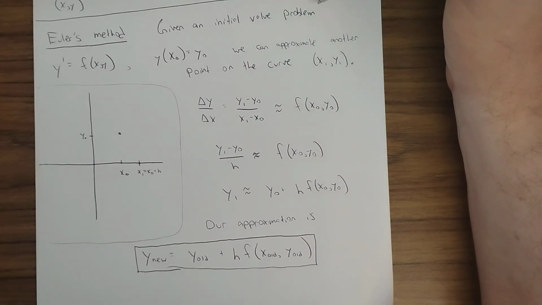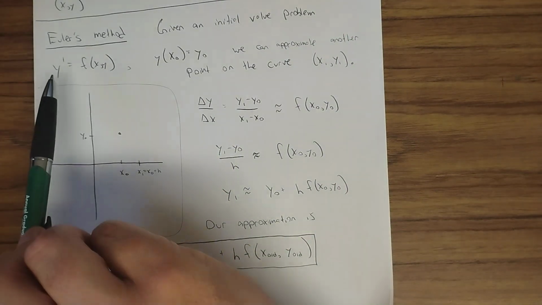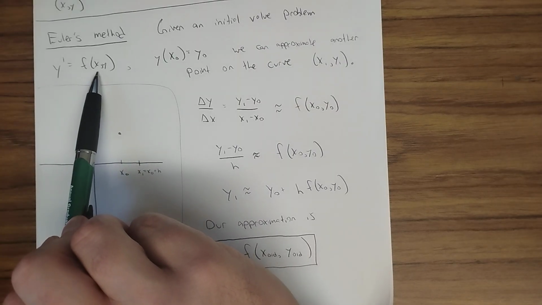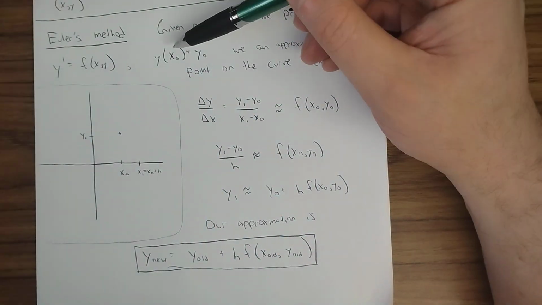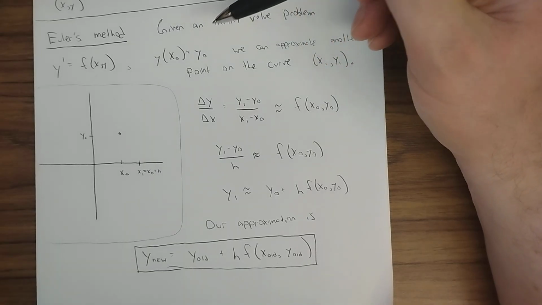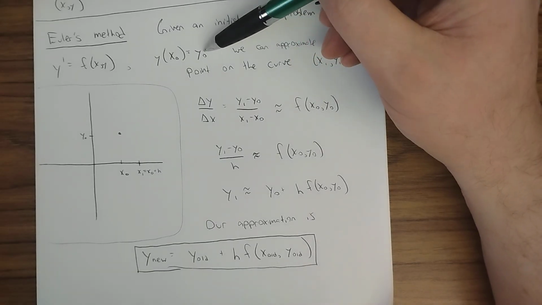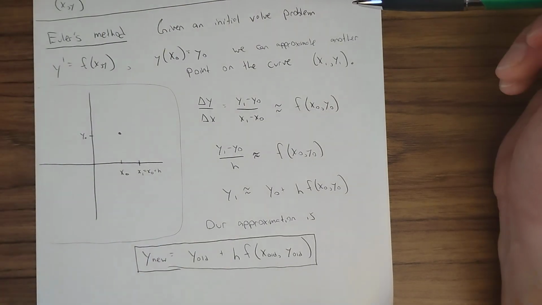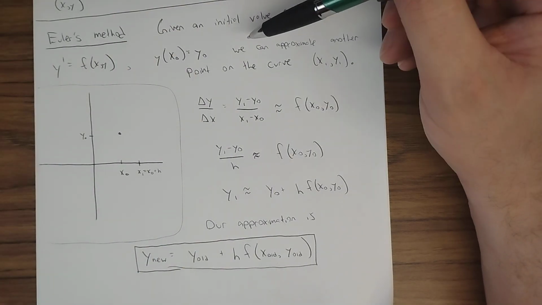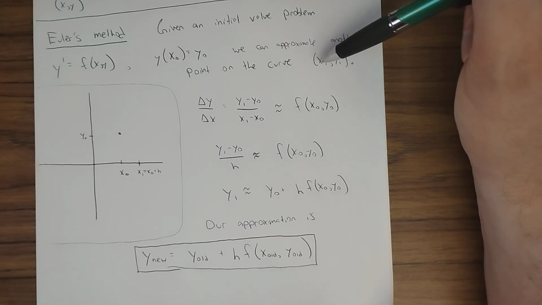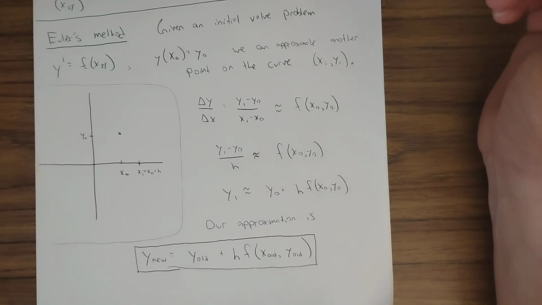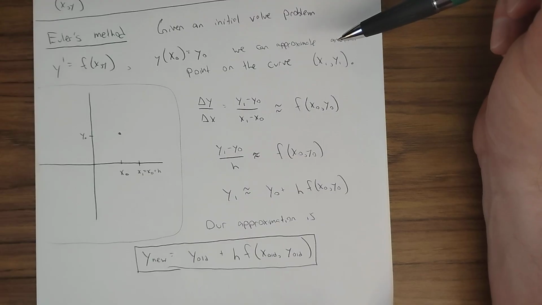So suppose we're given an initial value problem. y prime is a function of x and y, just like before. And because this is an initial value problem, we're given a point that the function goes through, like y of x naught equals y naught. We can approximate another point on the curve, as long as it's nearby, that we're going to call x1, y1.